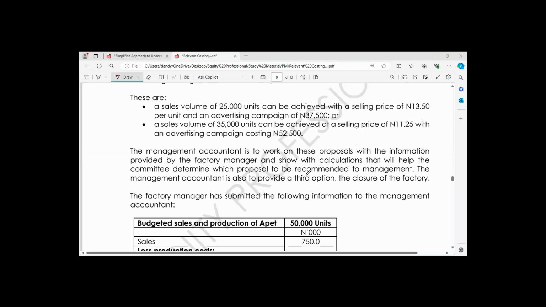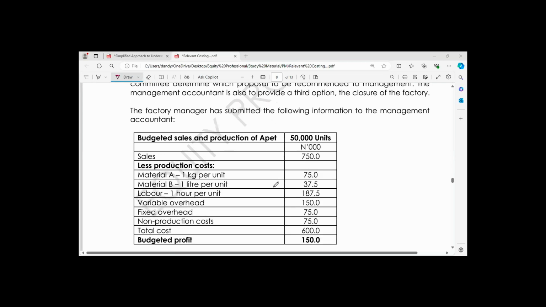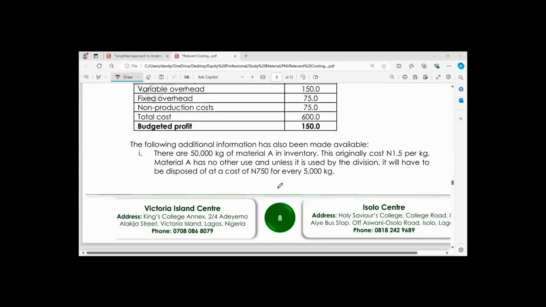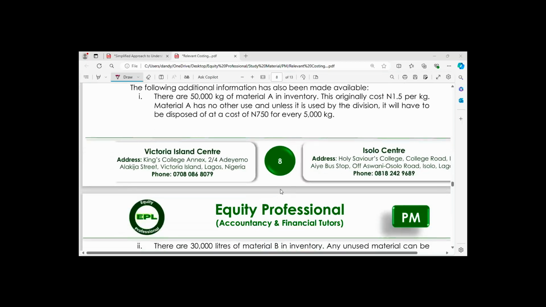The management accountant is also to provide a third option, the closure of the factory. The factory manager has submitted the following information to the management accountant. All figures are assumed to be correct. The following additional information has also been made available. 1, there are 50,000 kg of material A in inventory.